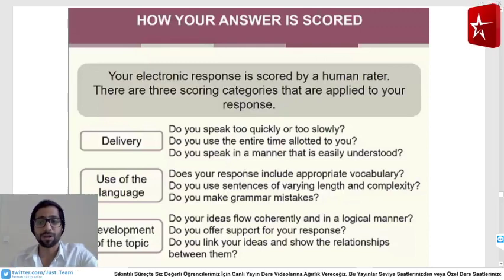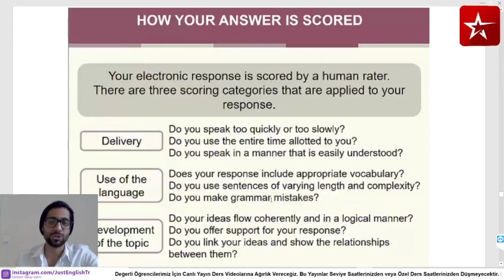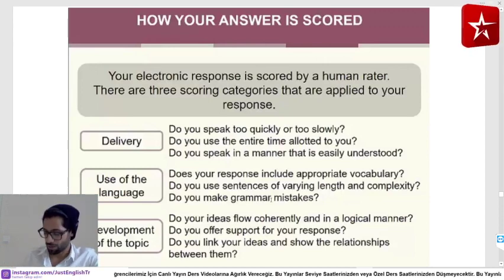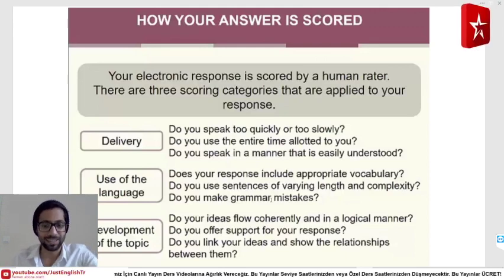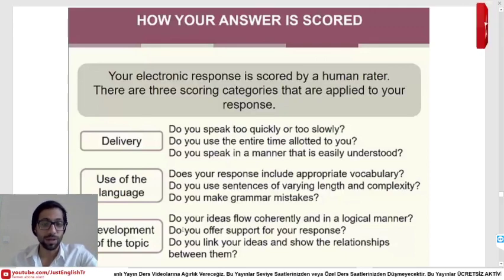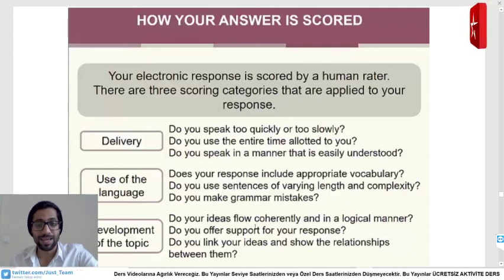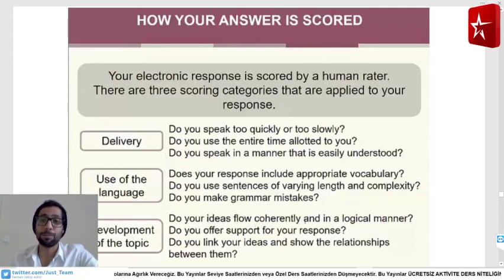The length and the complexity. It will not be harmful for you if you use academic vocabulary like initial values and so on. The grammar mistakes. The grammar is important.